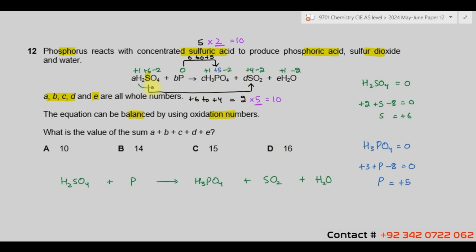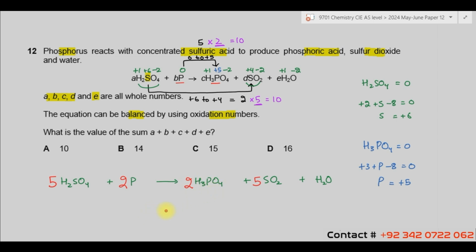Okay, these two should be multiplied with 5, which means that 5 moles of H2SO4 forms 5 moles of SO2. These two should be multiplied with 2, so we have 2 moles of phosphorus and 2 moles of H3PO4.